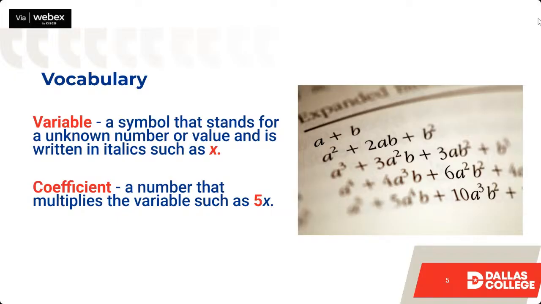The coefficient in this case is 5. So if we were to multiply this out, this is really saying 5 times x. Although x is unknown, whatever x is, we're going to have to multiply it by 5. If that makes sense, drop a yes. If not, and you need me to go deeper, drop a help.